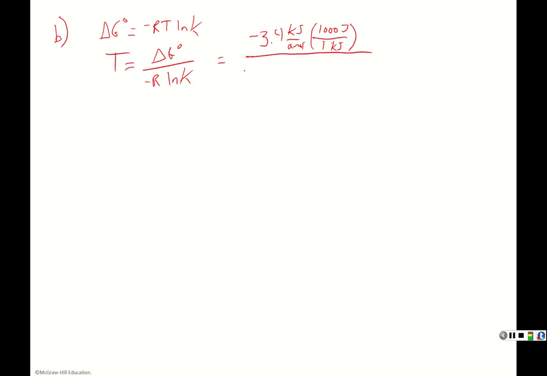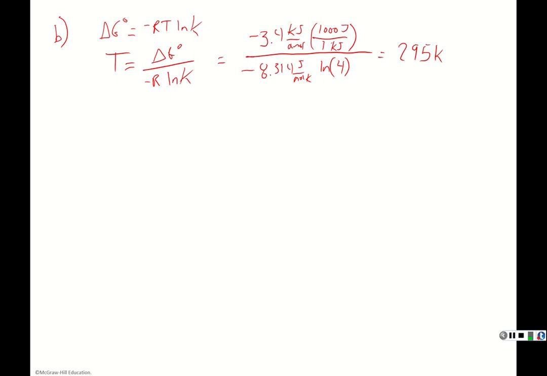Okay, divide this by minus R, which is 8.314 joules per mole Kelvin, and ln of K, remember we calculated that as 4 in part A. When you do this, we get 295 Kelvin as our temperature.